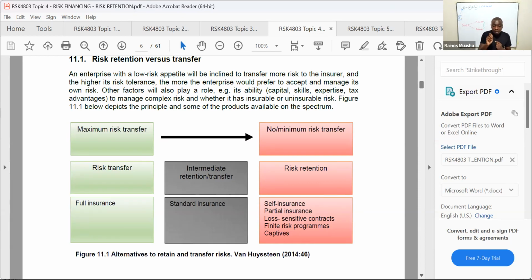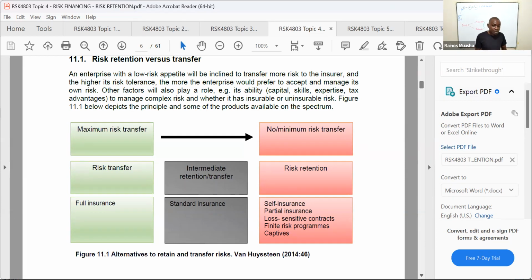There's always a difference between willingness to retain risk and the capacity to retain the risk. Because an individual or an organization can say, you know what, we are seeking to retain the risk. If you seek to retain the risk, it basically means that in case of a loss event, we want to cater for that loss. We want to cover the cost of that loss event from our own account.